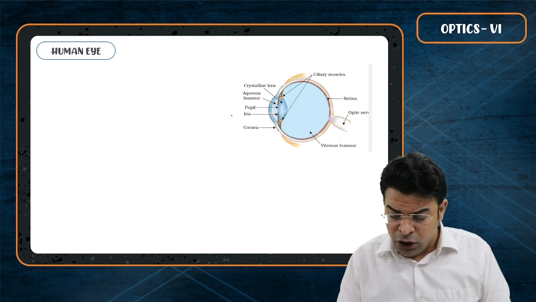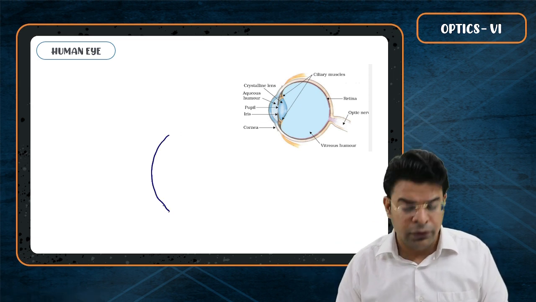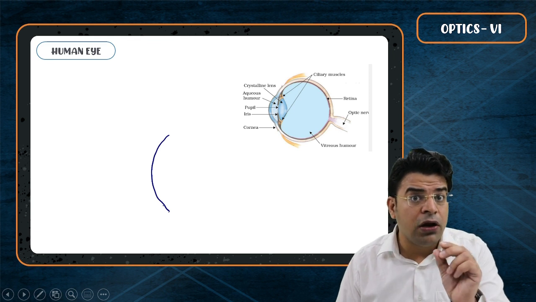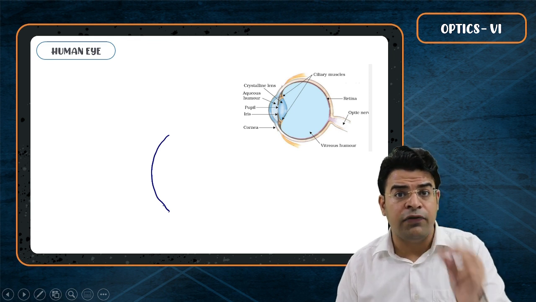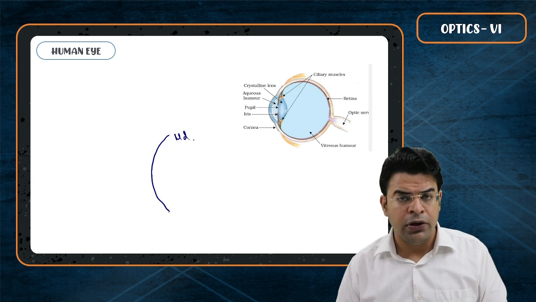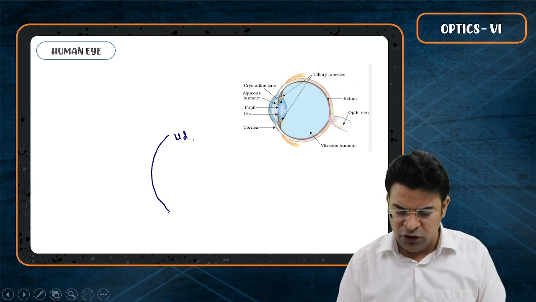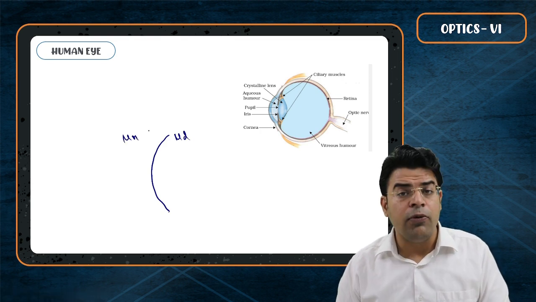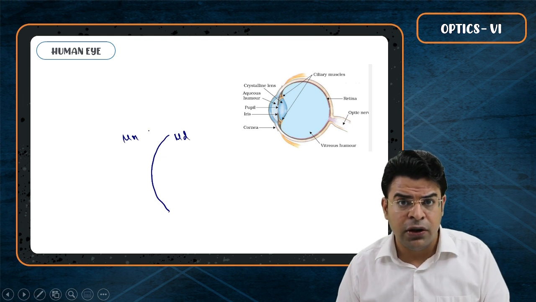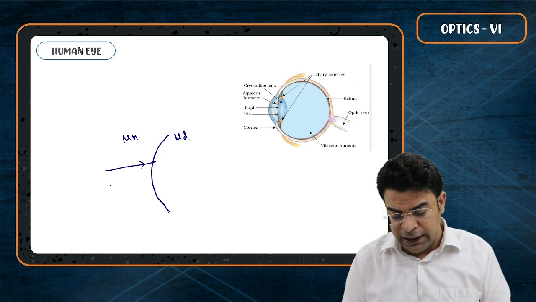Why? Look at the shape of the cornea. Inside the eyeball, we have a medium of higher refractive index, so let's call it the denser medium. Outside the eye, usually we have air, a medium of lesser refractive index. Let's say parallel rays of light hit it.